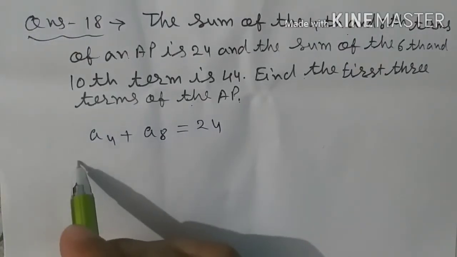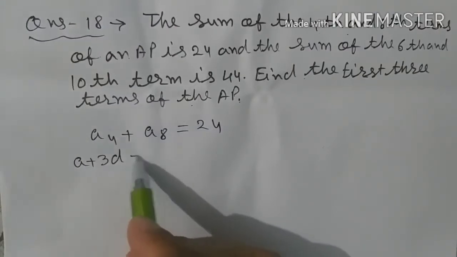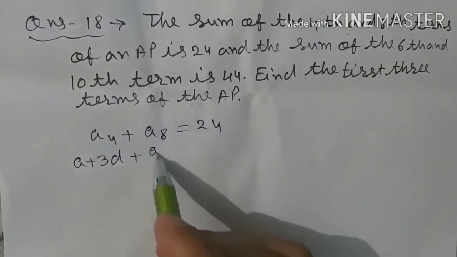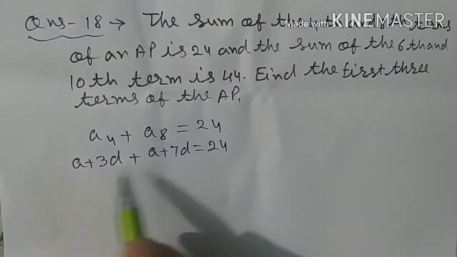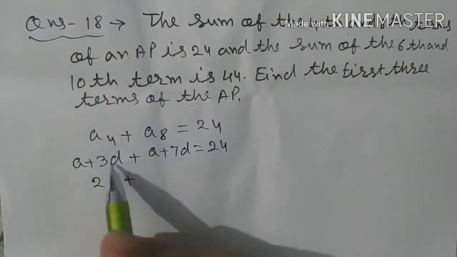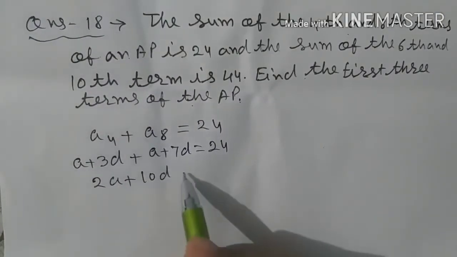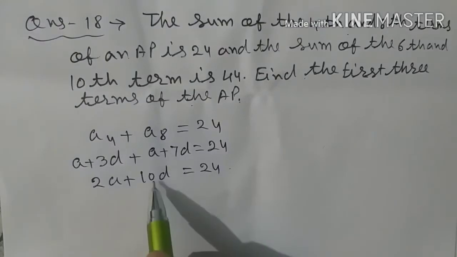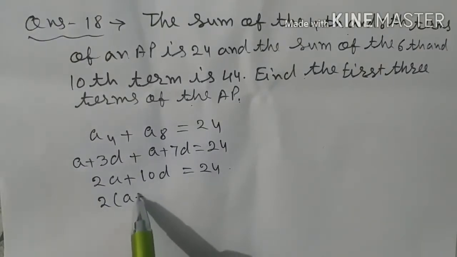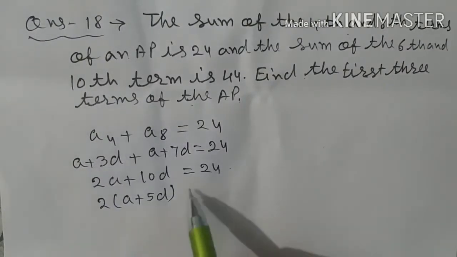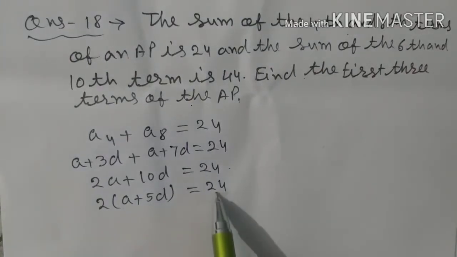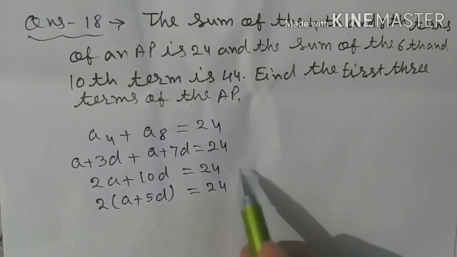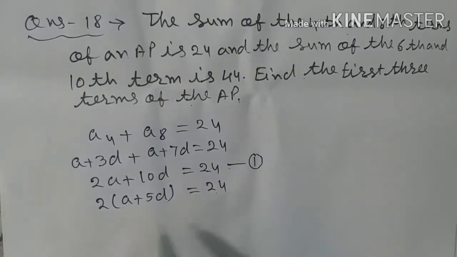A4 means A plus 3D, A8 means A plus 7D, equal to 24. Now 2A plus 10D is equal to 24. Taking 2 common, A plus 5D is equal to 12. This is equation number 1.